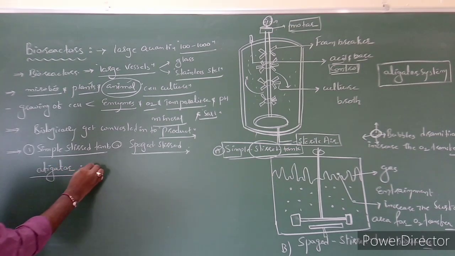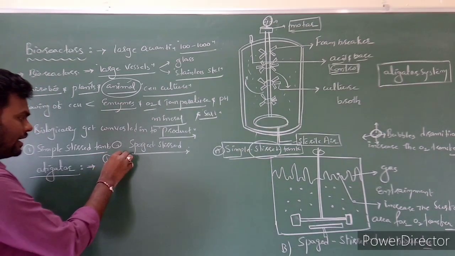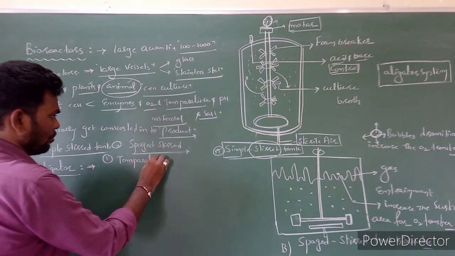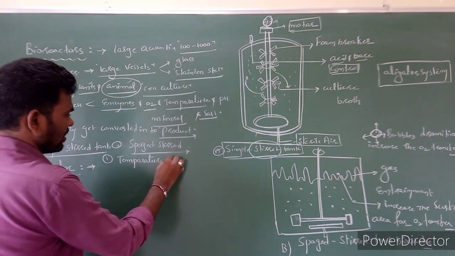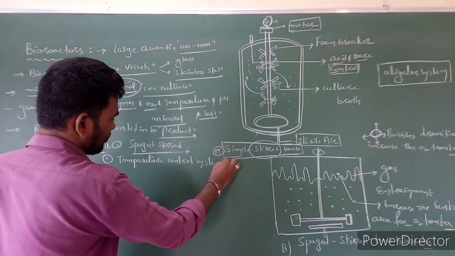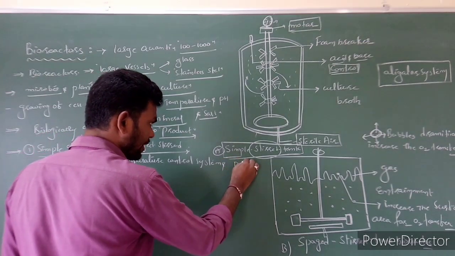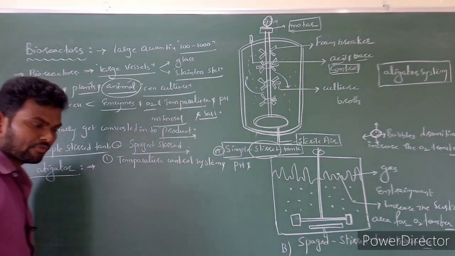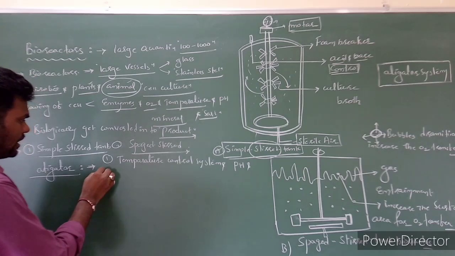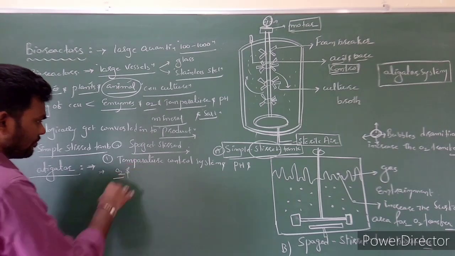Alligator system means these vessels have a temperature control system, and also an optimum pH controlling system, as well as supplying of oxygen.